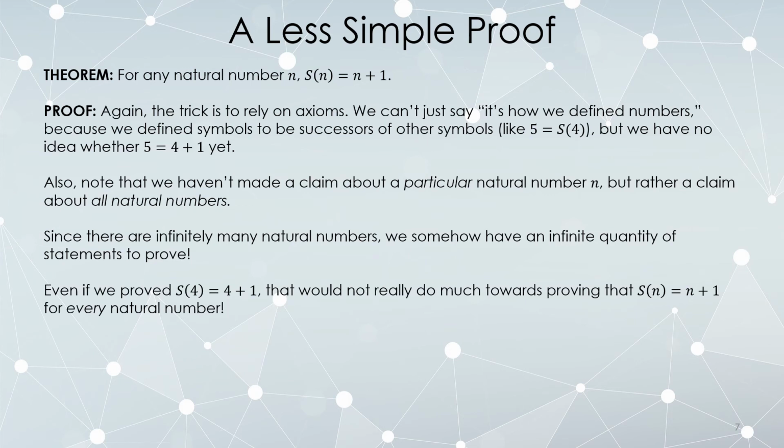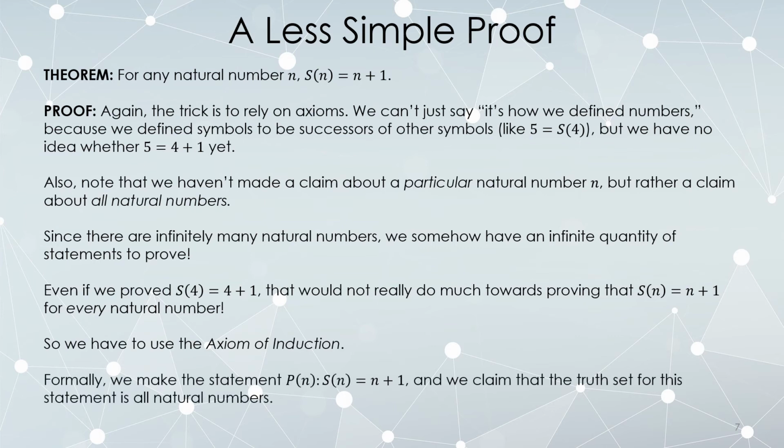So how are we going to account for all natural numbers? We have to use the axiom of induction. The axiom of induction, recall, said that if a subset of the natural numbers contains 0, and has all of its successors, then it must have every natural number. So formally what we're going to do is make a statement. P of n is true whenever a number n satisfies s of n is n plus 1.